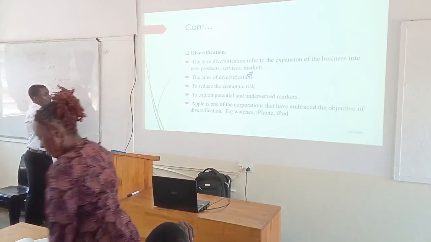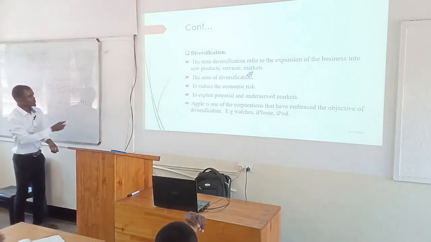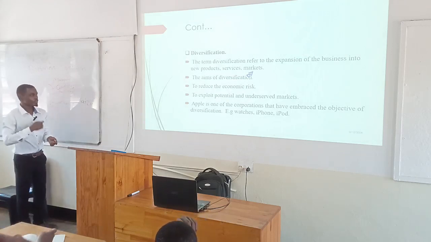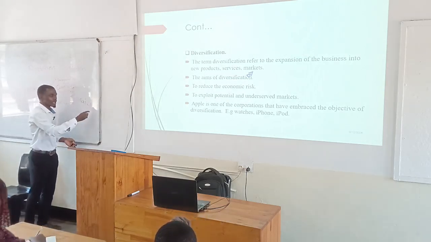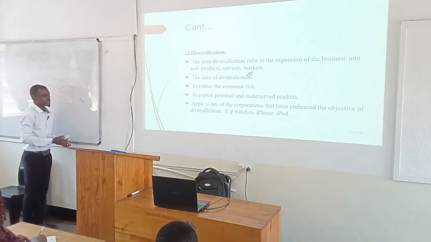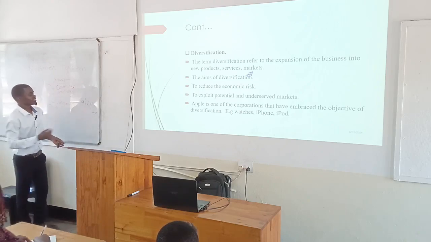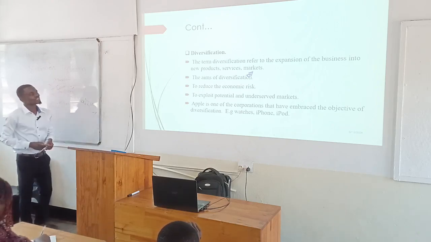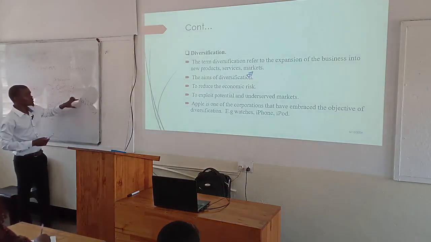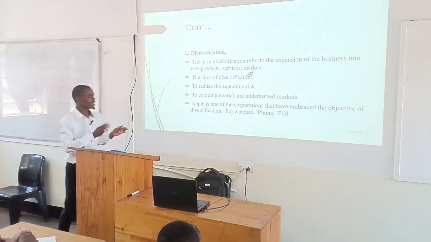For example, we can be offering maize as an organization, but then we shouldn't rely on maize only. So we can diversify by providing other products. For example, yes, we are providing maize, but then we can also be selling other things. So we are diversifying because we don't want to put all our income in one thing.